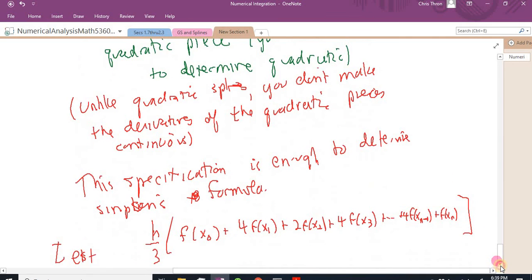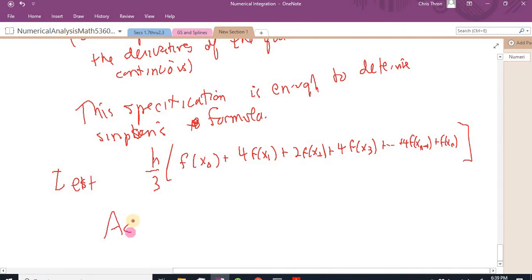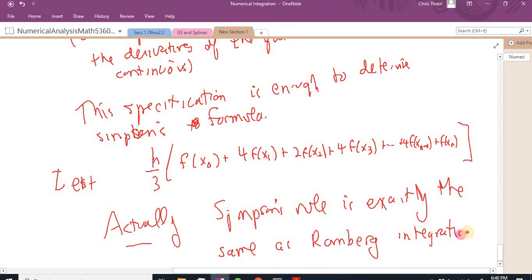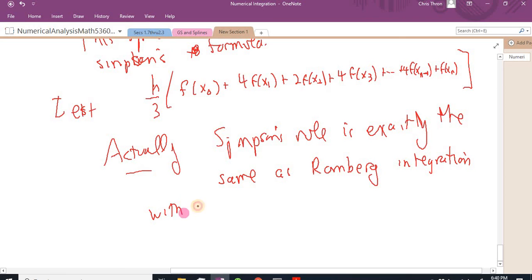Now, Simpson's rule is exactly the same as Romberg, so you can get Simpson's rule from Romberg integration, with intervals of size h and 2h.